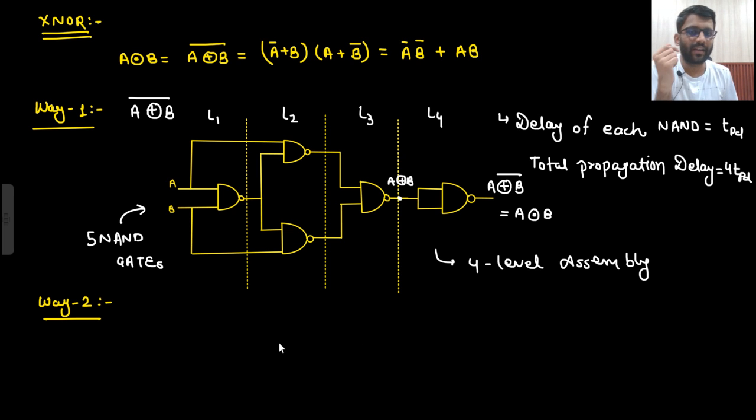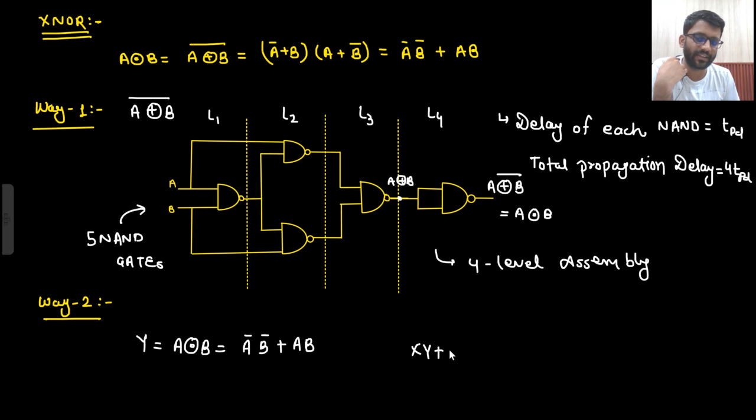Can I implement it in another way? What would that way be? Y is A XOR B, and that can be written as A bar B bar plus AB. Let's just say it is XY plus WZ.